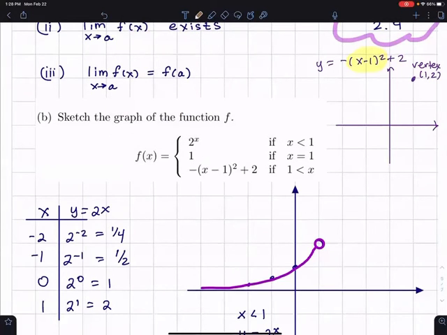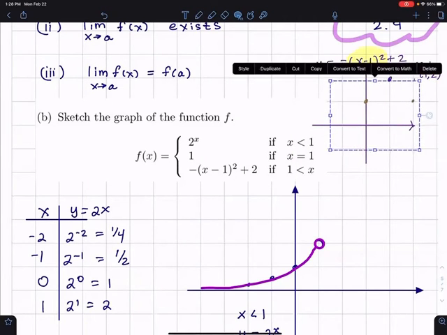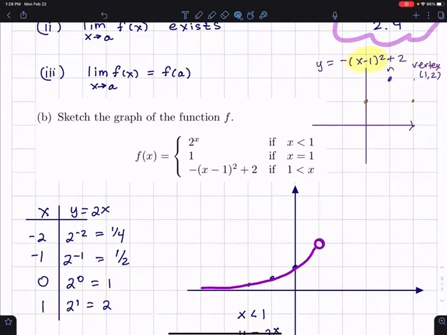Starting at the vertex, I go to the right one and down 1, to the left one and down 1. I go to the right by 2, I go down by 4, because 2 squared is 4. You can plot more points.